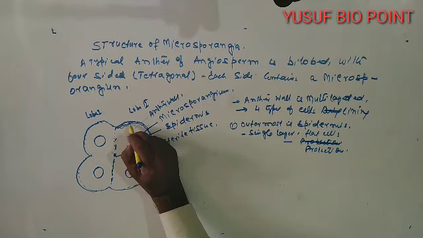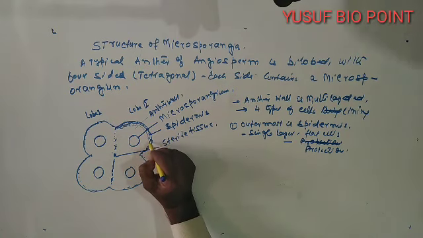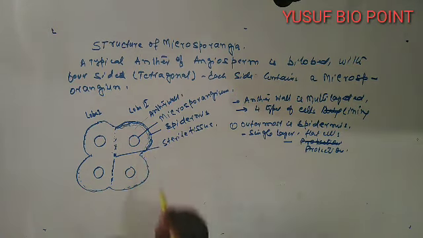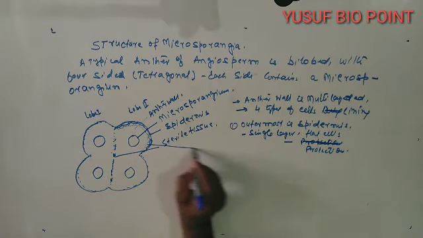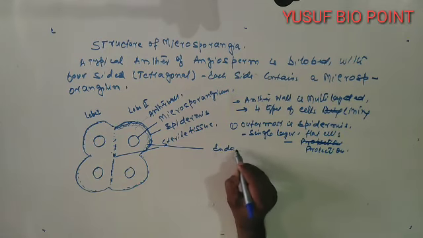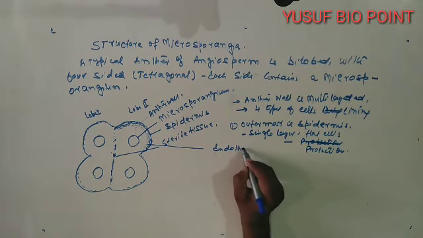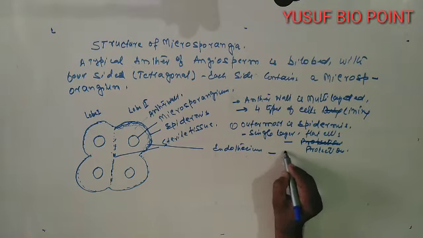Below that, this is the next layer of cells. It is also single layer, and this is known as endothecium. It is also single layer.